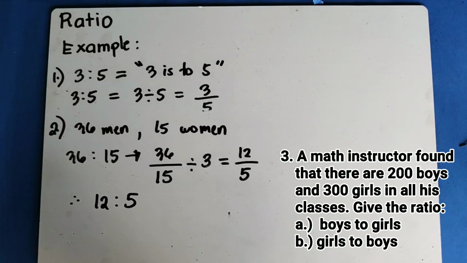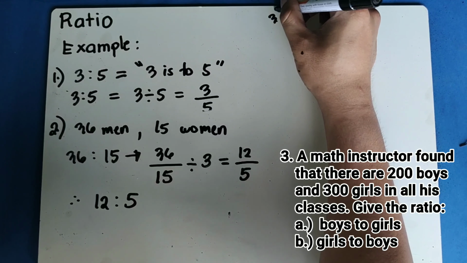Okay, we have here example number 3. A math instructor found that there are 200 boys and 300 girls in all his classes. Give the ratio of boys to girls and the ratio of girls to boys.